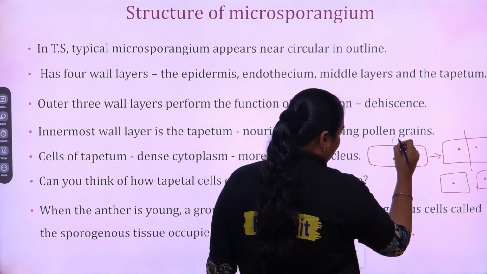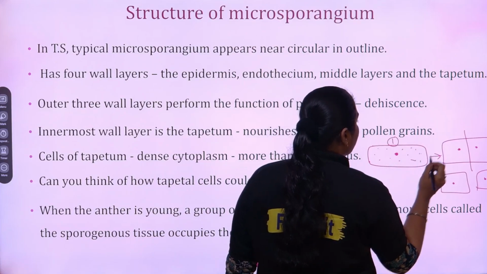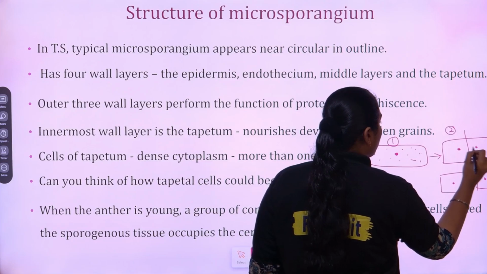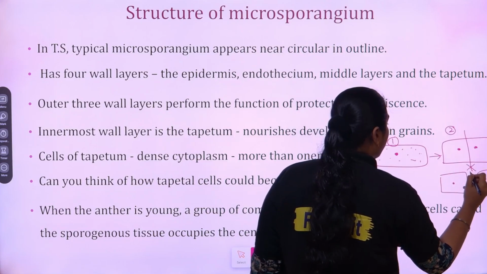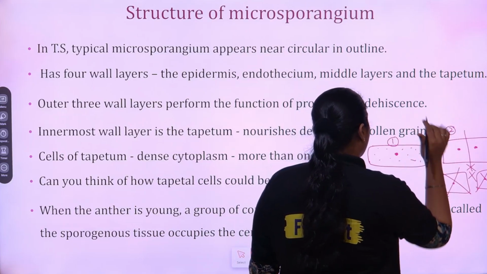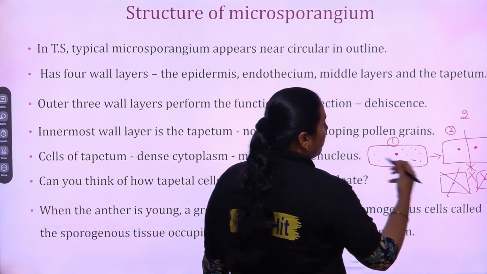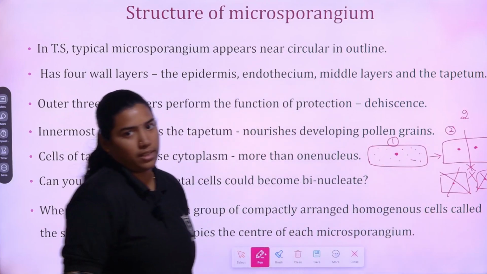But what happens in endomitosis? The cell, in stage 1, has its cytoplasmic content increase. In stage 2, its nucleus will double, but it will not enter into the 3rd phase. It will be stopped here. So how many nuclei does it have? 2 nuclei, and since more cytoplasm is formed, it will have more cytoplasm.